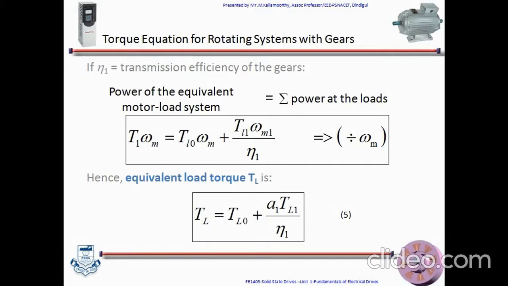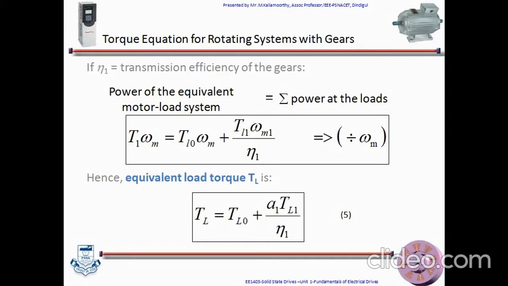So T1 into omega m, which is the power of the equivalent motor load system, will be equal to TL0 into omega m plus TL1 into omega m1 by eta 1, where T1 is the torque of the total motor load system, omega m is the speed of the motor, TL0 is the load torque of load 1, TL1 is the load torque of load 2, omega m1 is the speed of load 2, and eta 1 is the transmission efficiency of the gears.